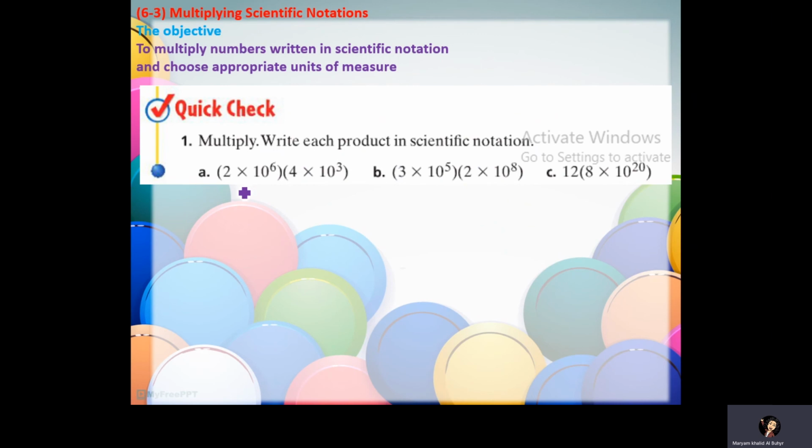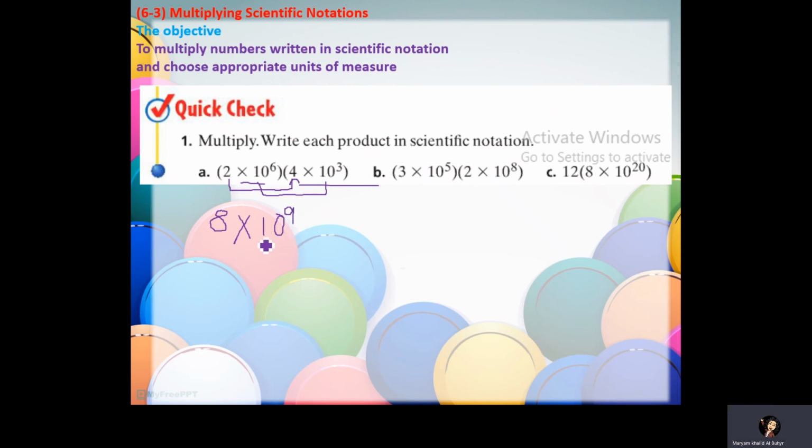So you have these here. Again, multiply. These, as I said, we call scientific notation. Let's multiply them. 2 times 4, it's 8. Same base, add the powers, times 10 to the power 6 plus 3, it's 9.